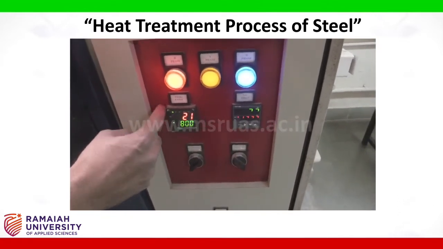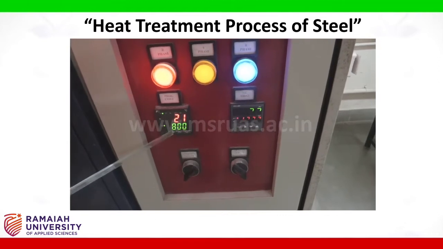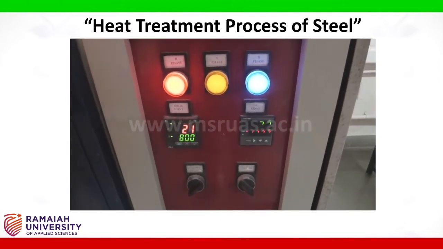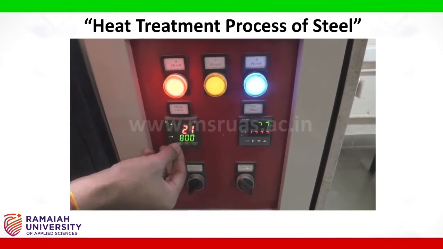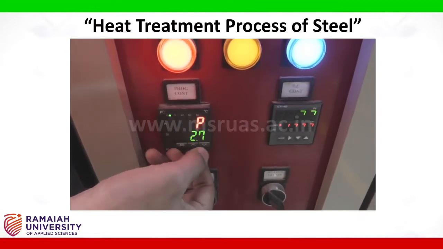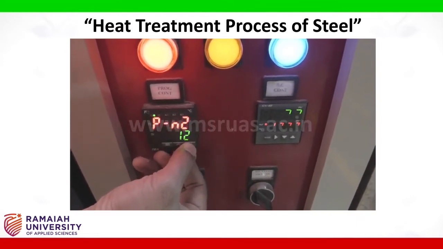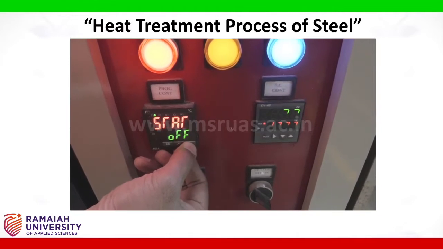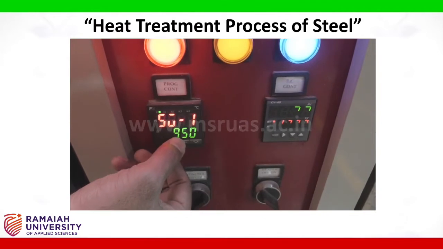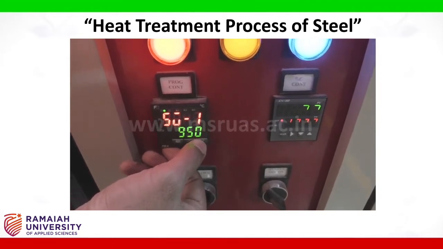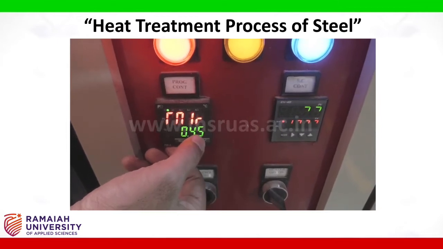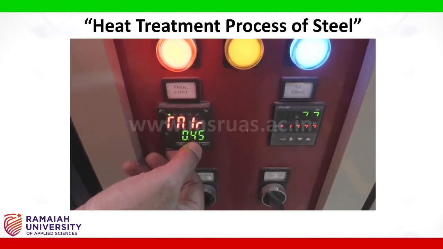Then this is the panel which helps me to set the program. There you can see it has been set to 950 degrees centigrade, and the heating time is 45 minutes based on the cross section of the material.